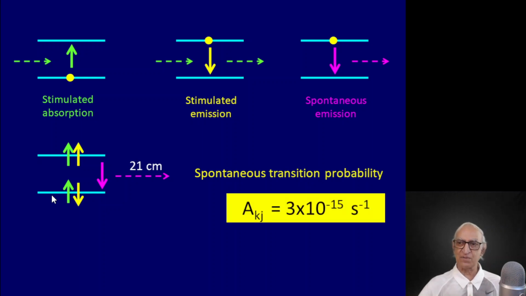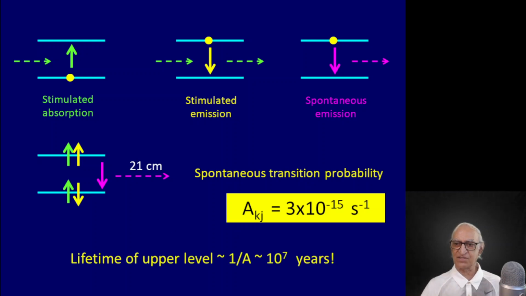If you now do a quantum mechanical calculation, you get this extraordinary result that the transition probability from the upper to the lower level is an incredibly small number, which is 3 times 10 to the power minus 15 inverse second. Therefore, the reciprocal of this, which is roughly how long the hydrogen atom will stay in this level before spontaneously jumping to this lower level, is roughly 10 to the power 7 years.